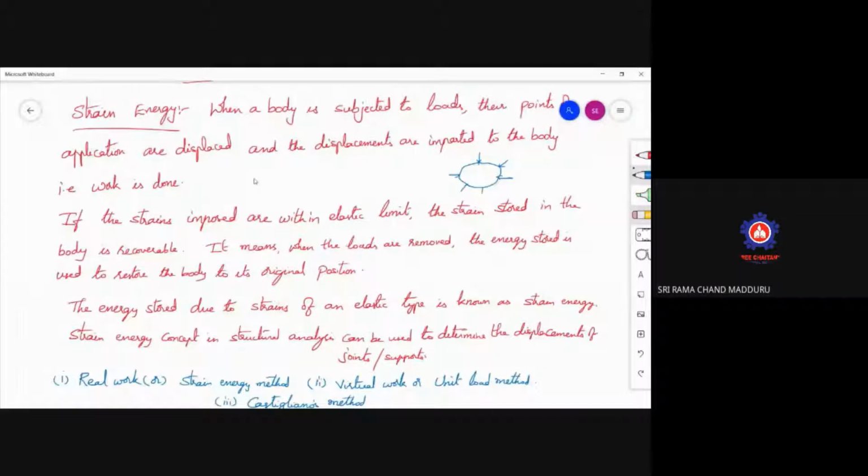Definitely the body will undergo certain deformations. If you consider this is the deformed shape of the body due to the application of the loads, at each load it will undergo certain deflection that we call delta. If a load of P1 is applied, the corresponding deflection is delta 1.